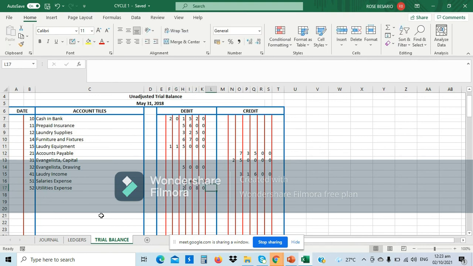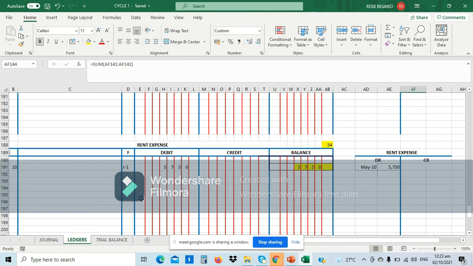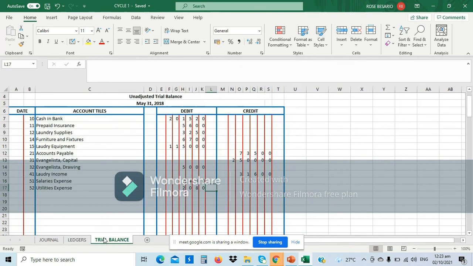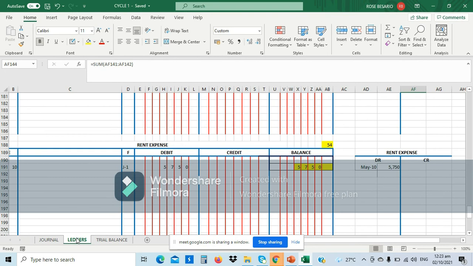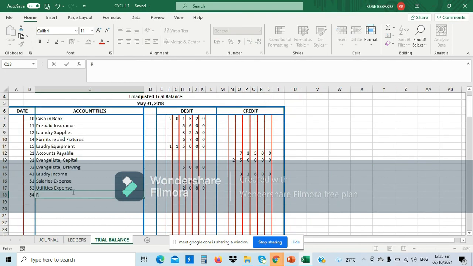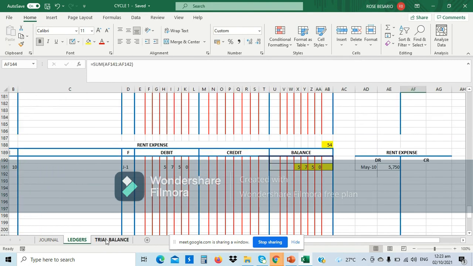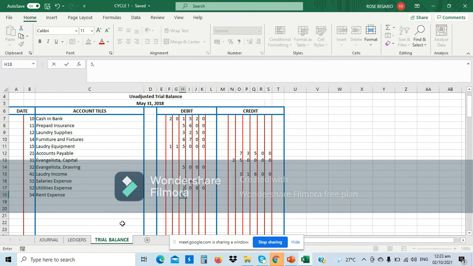Then after utilities expense, we have rent expense, 5,750 debit. This is 54. Rent expense, 5,750 debit.